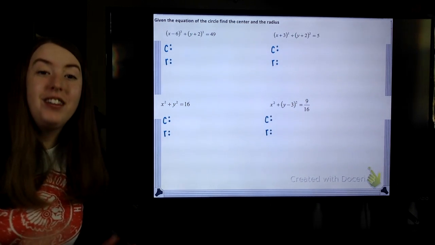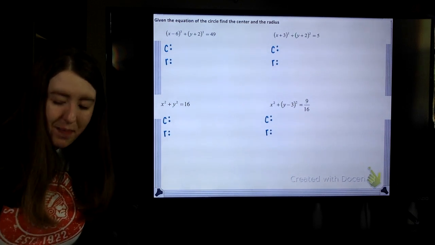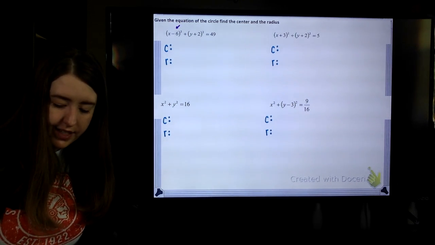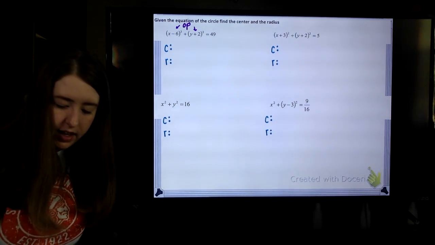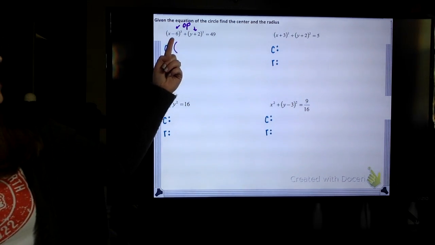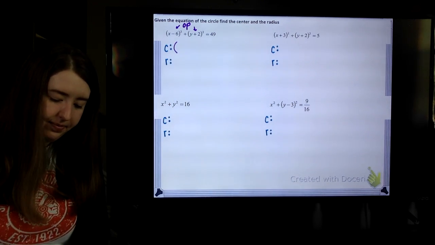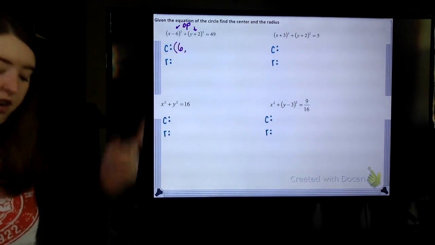Okay, let's find all of our centers first. Remember, they are going to be the opposite of whatever is inside of here. So for my center, instead of having a negative 6, I'm going to start with a positive 6 right here. And for my y part, instead of having a positive 2, I'll have a negative 2.